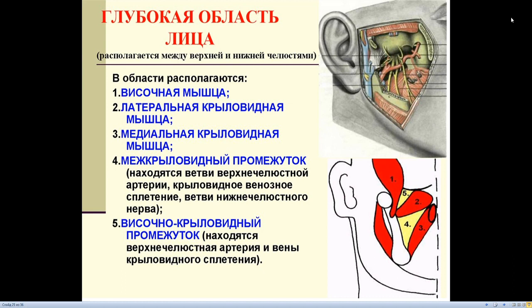It includes the maxillary artery together with its branches and numerous veins which form the pterygoid venous plexus. Temporopterygoid space communicates with the corpus adiposum of Bichat and with the pterygopalatine fossa.